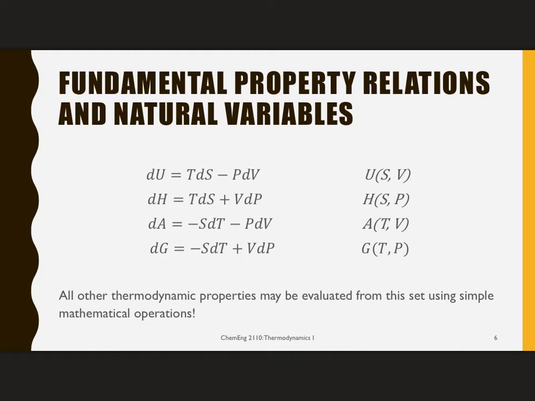So dU is TdS minus PdV, which means it's a function of S and V. Similarly for dH, dA, and dG, and we developed these using definitions that were for a specific process that was reversible, but now we have something that is universally true for any change in state. Reversible, real, no matter. These are going to still be applicable.